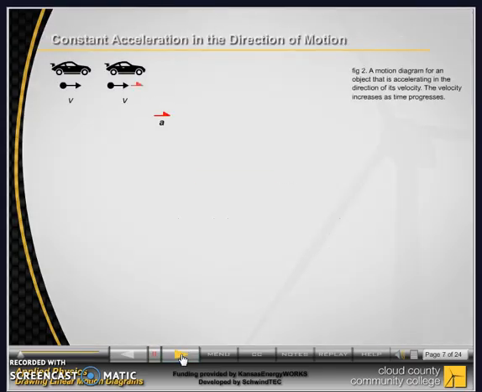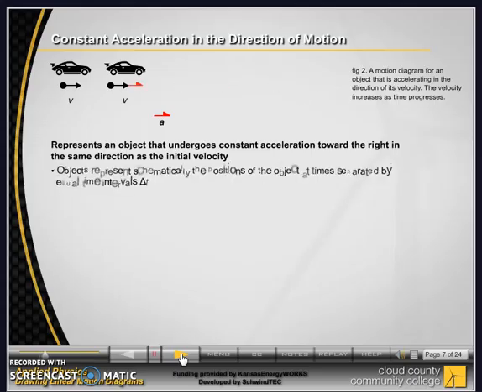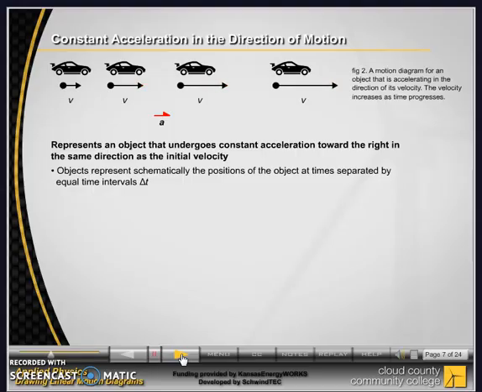The motion diagram in Figure 2 represents an object that undergoes constant acceleration toward the right in the same direction as the initial velocity. This occurs when your car accelerates to pass another car or when a race car accelerates or speeds up while traveling along the track. Once again, the objects represent schematically the positions of the object at times separated by equal time intervals, delta t.